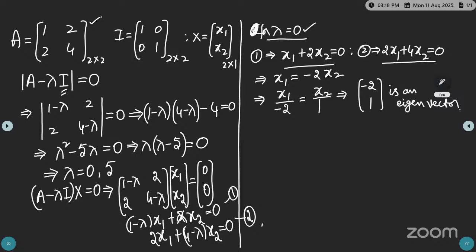And even if you are writing equation 2, you're going to get 2x1 plus 4x2 equal to 0. Yes. So therefore, minus 2, 1 is an eigenvector.